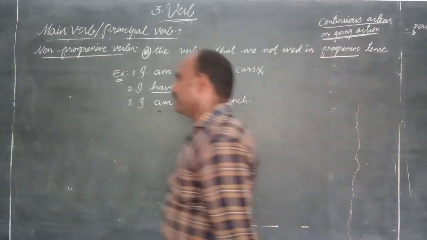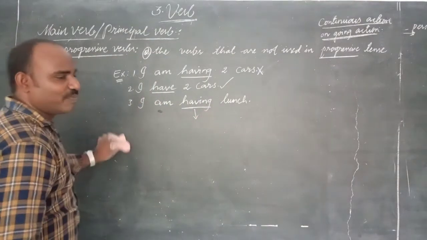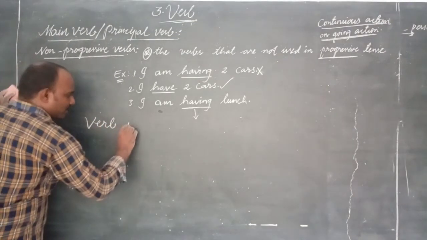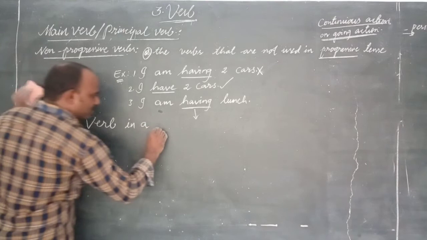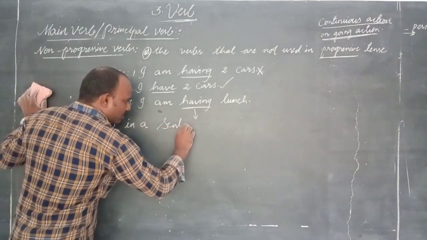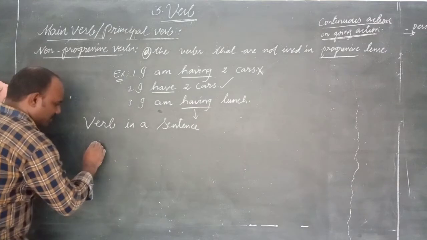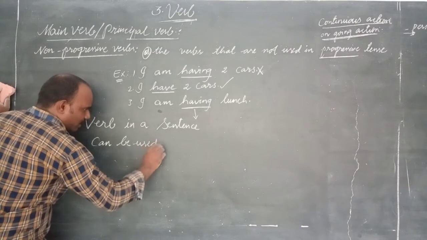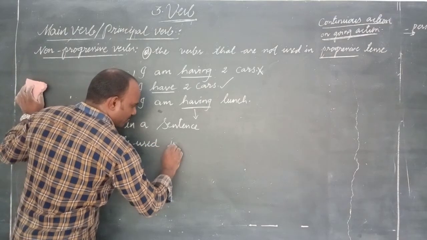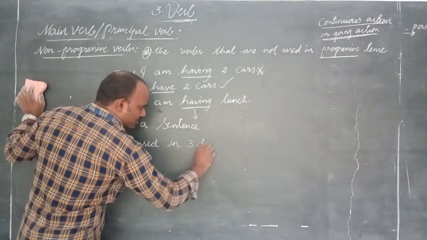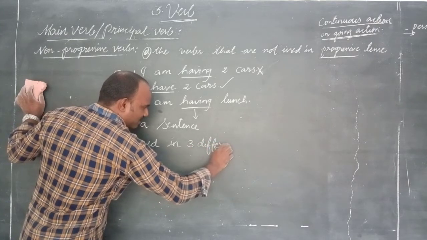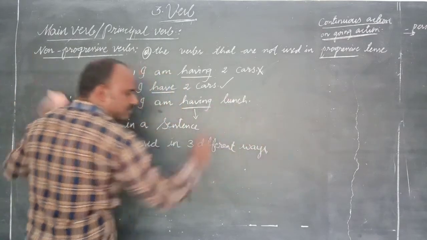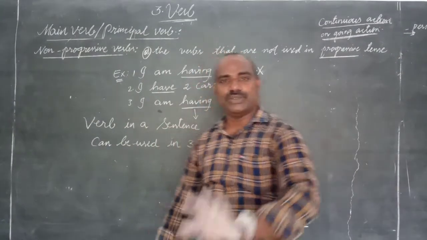Generally, this is a very, very important thing you should know. A verb in a sentence can be used in three different ways only.